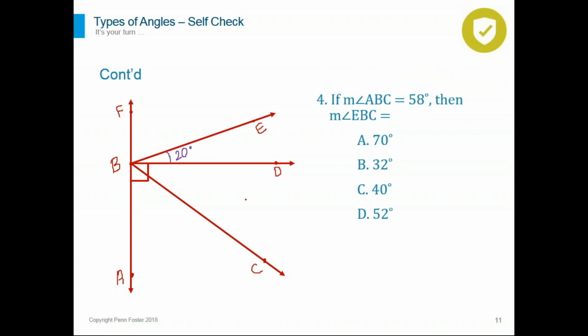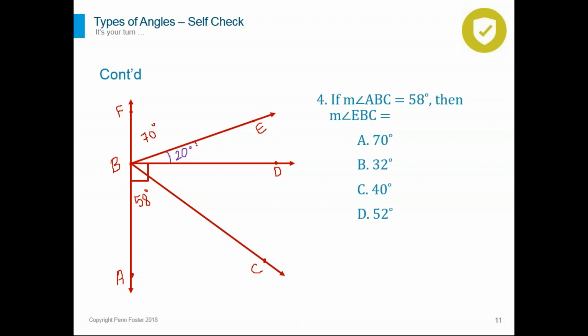Next question on the same figure. So far, we know that this angle is 70 from the last question. And this time it's asking us, if the measure of angle ABC, this one, is 58 degrees, then what is the measure of EBC?